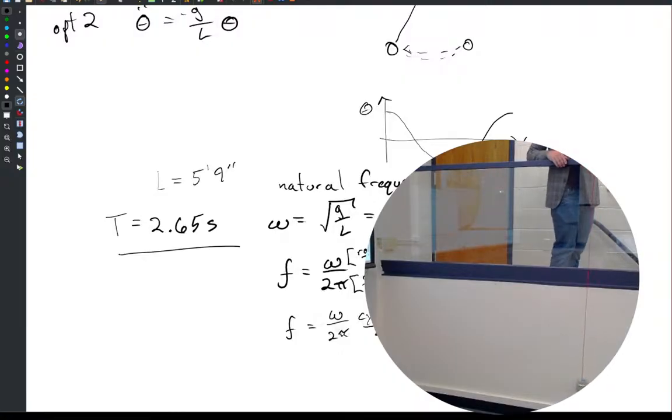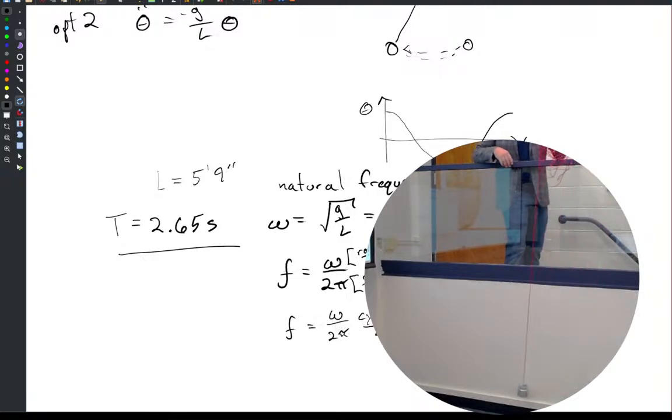No. This way. What do we think? 100? 5 or 10? 10's good, because then if we end up getting like 26 seconds, we just move the decimal over, right? Okay.